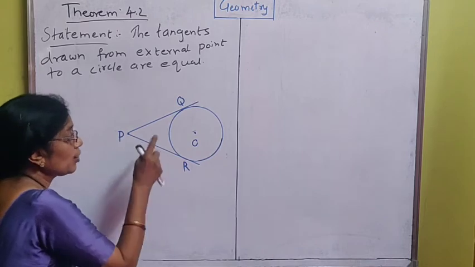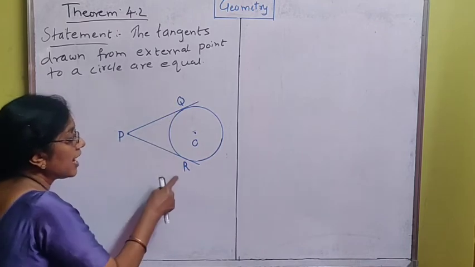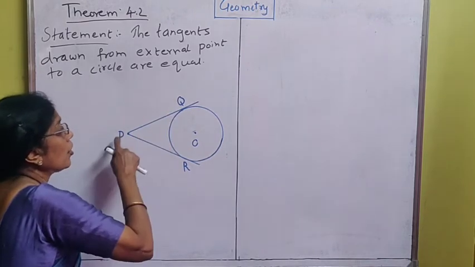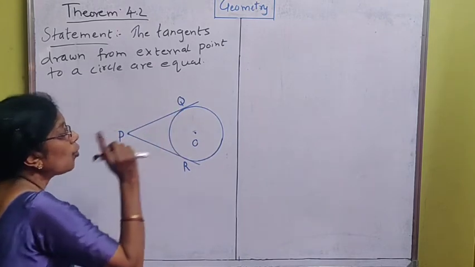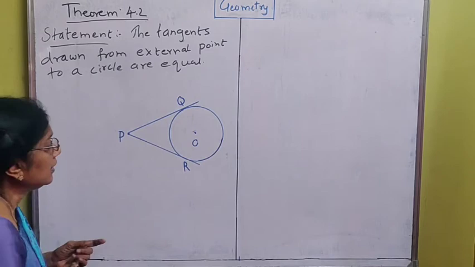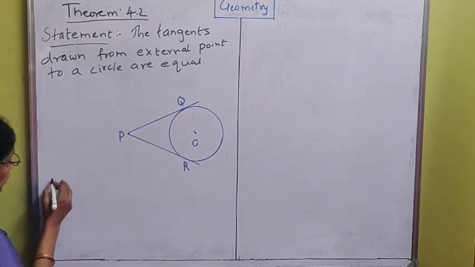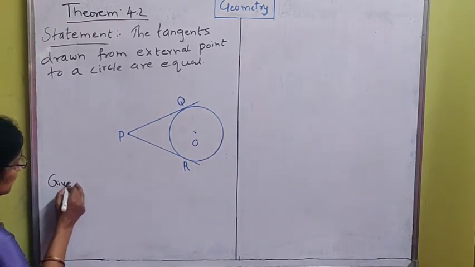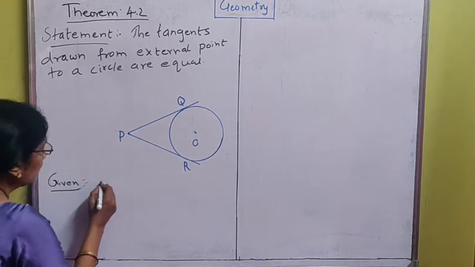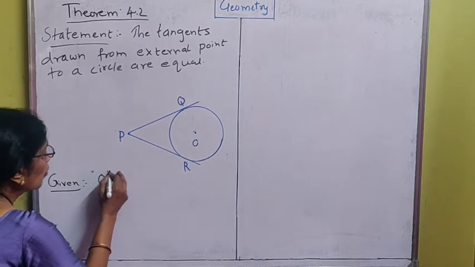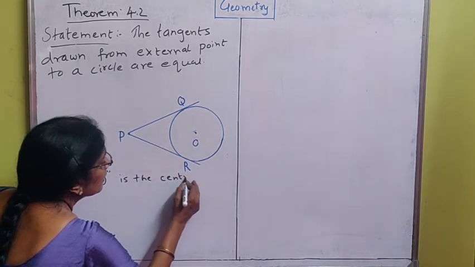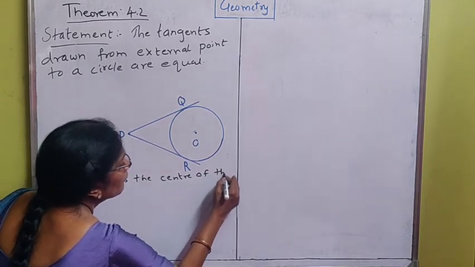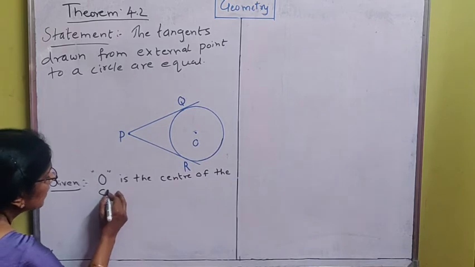PQ and PR are joined to the circle at Q and R. So the point of contact for PQ is Q and for PR is R. And O is the center of the circle. So we will write it down. What is given? O is the center of the circle.